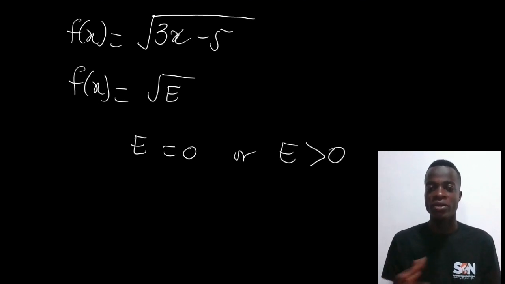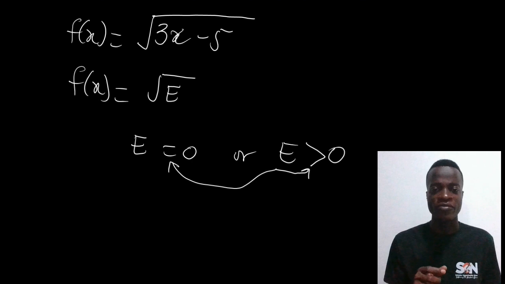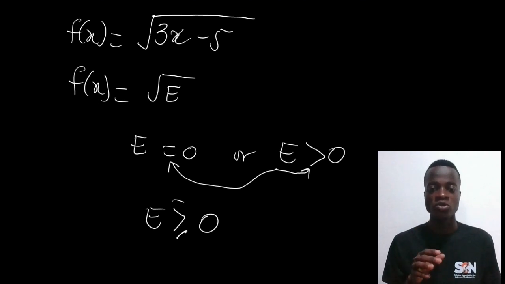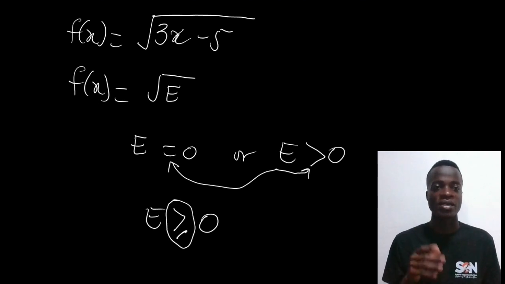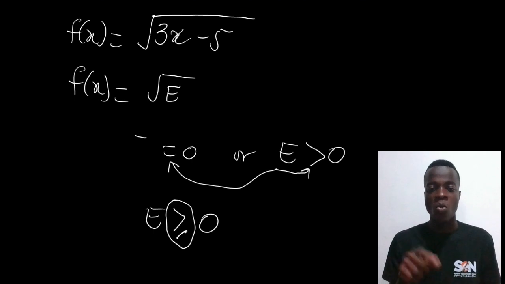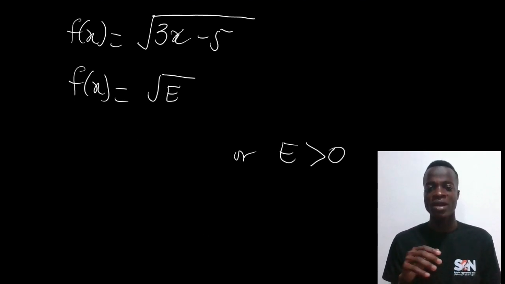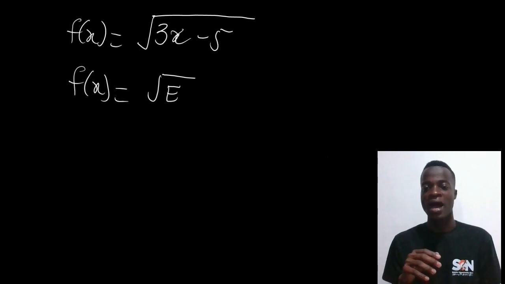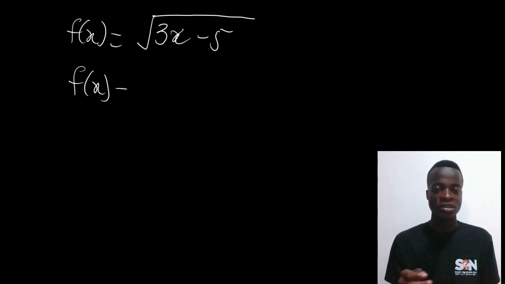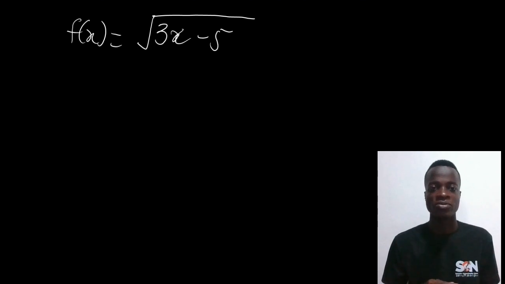If you combine these two symbols together, you have E is greater than or equal to 0. E should be greater than or equal to 0. This is what we are going to use mostly for this particular topic. So I took you through how to understand why we are using that symbol, right? Yes, because we are focusing on real numbers, and real numbers need numbers that are greater than or equal to 0. So we are going to apply that on this first example.